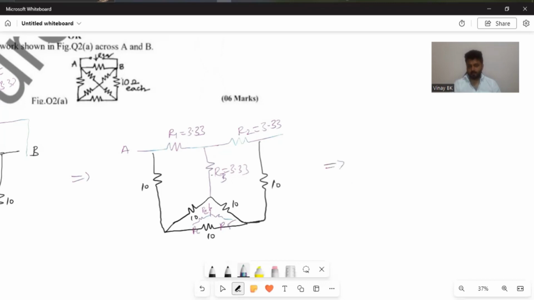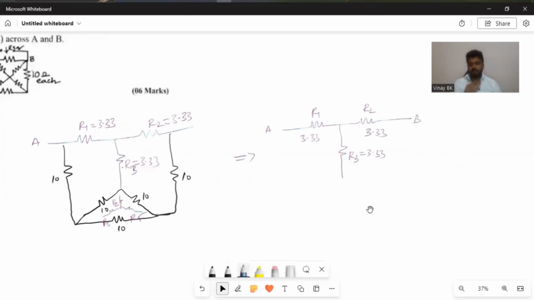Okay, so now the circuit looks like this. From A to R1, R2 to B. R1 and R2 values we already know, that is 3.33 and 3.33. In between R1 and R2 there is R3 of 3.33. So now you are transforming the 10 ohm, 10 ohm, 10 ohm delta into star.